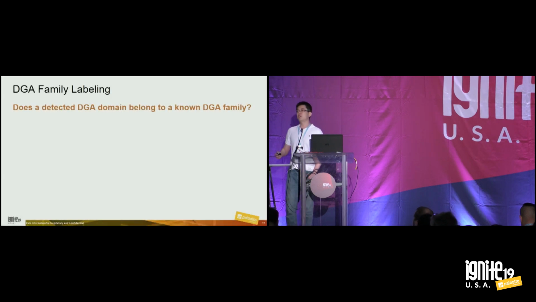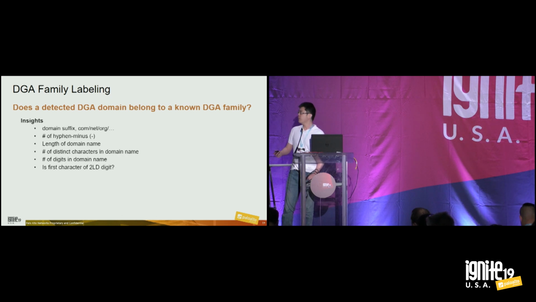When a DGA domain is detected, we also want to know if the DGA domain belongs to a known family. To achieve this, we find that most DGA families usually have unique patterns in their domain names. For example, they can use different top-level domains like .com, .net, and various country codes.